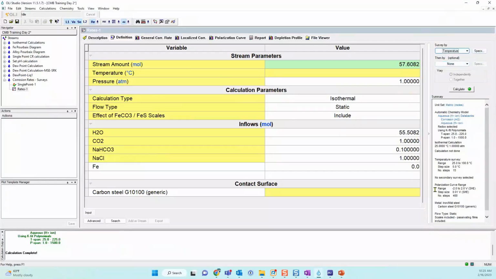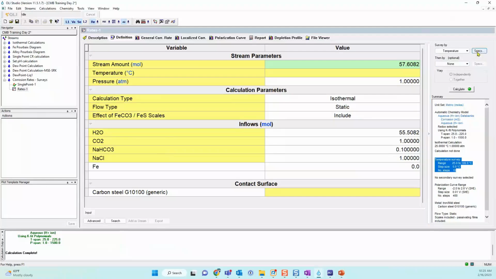And notice that the software by default selects a range going from 25 degrees C to 100 degrees C, a total number of steps of 15, and the step size 5 degrees C. This is the default, but you want to change the default.